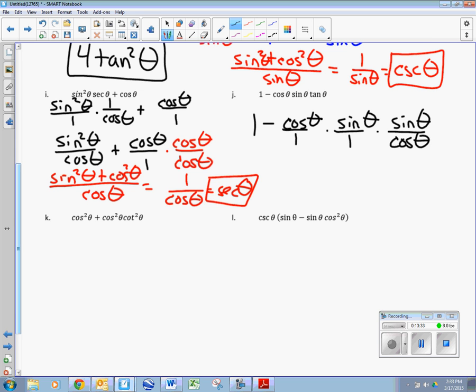What happens? Very good. You get 1 minus sine squared, and as Will said, 1 minus sine squared is cosine squared of theta. Any questions there?